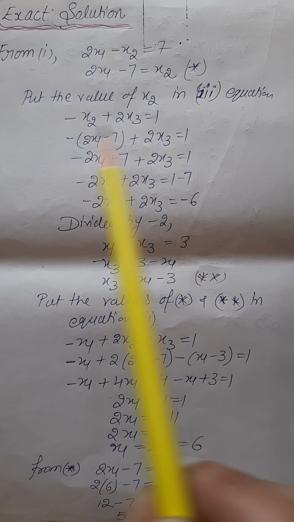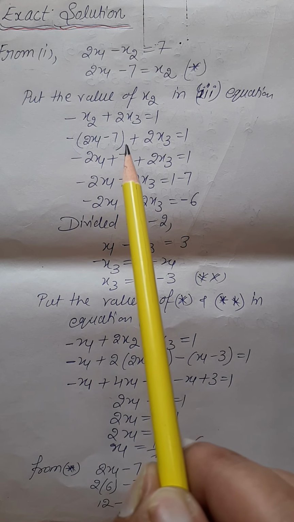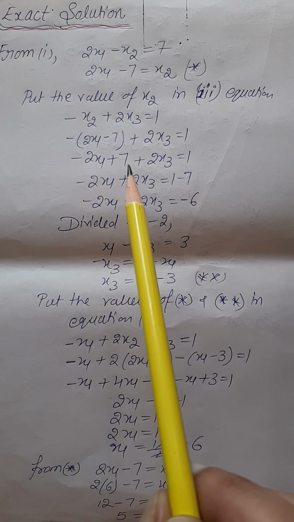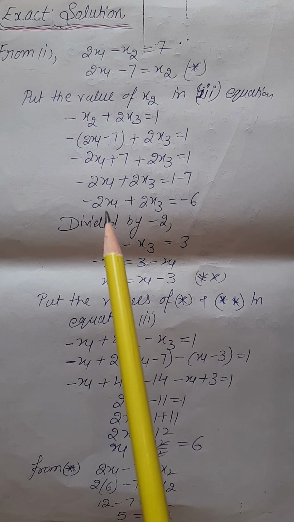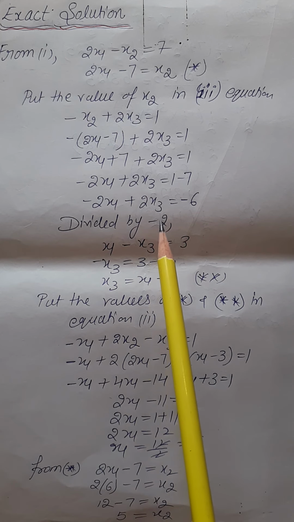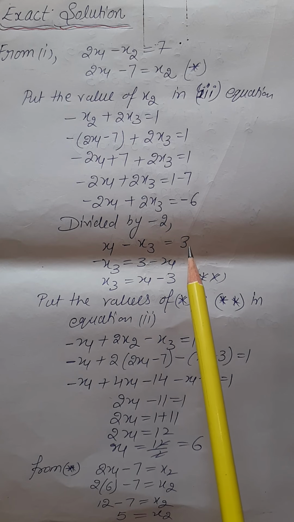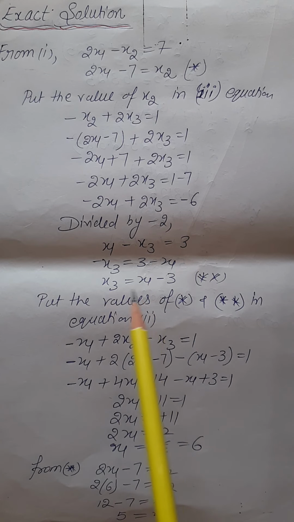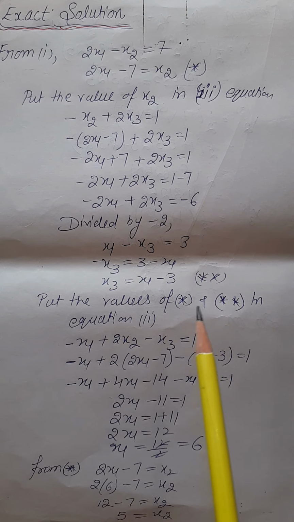After solving it, you can take the minus sign within the braces and change the sign of these digits, and we get this equation. Divided by minus 2, we get x1 minus x3 is equal to 3, and we can find the value of x3 from this equation. After that, you can name them star and double star.